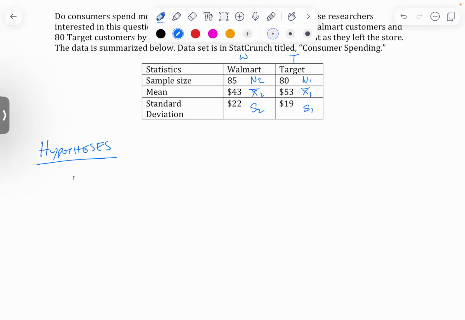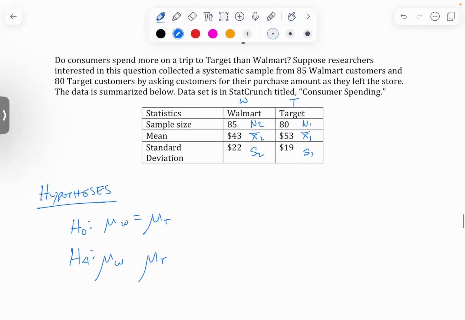So our hypotheses, H0, HA. It starts, okay, that one is equal to the other. That is how they always start. Then we need to identify what the alternative is: greater than, less than, or not equal to.